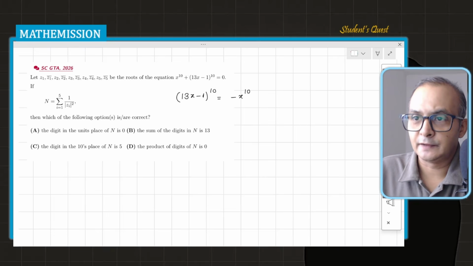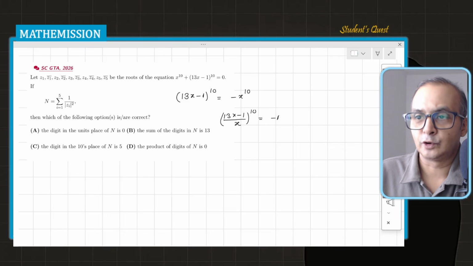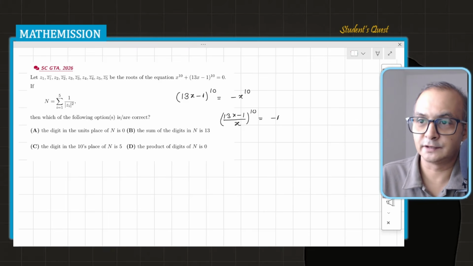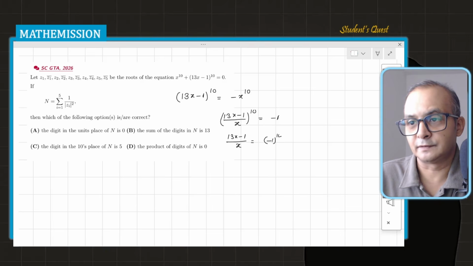Then I can write (13x minus 1) by x to the power 10 is equal to minus 1. Notice that 13x minus 1 by x is now acting like a complex number z, with z to the power 10 equal to minus 1. So I can write (13x minus 1) by x is equal to (minus 1) to the power 1 by 10.